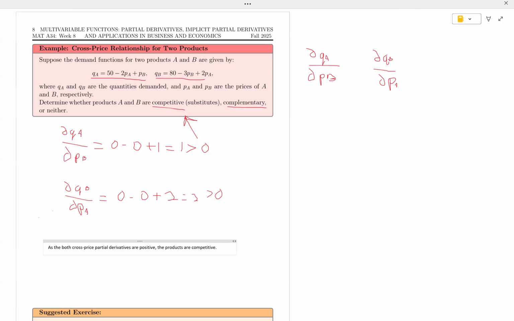You could also say, as both partial derivatives are positive, or you could write out the partial derivatives themselves and say as they are positive, the products are competitive.